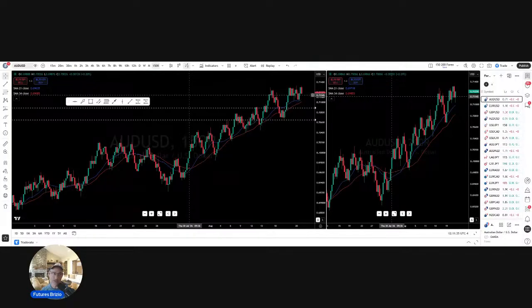I use the 150 on the left, and on the right is the 200. I just clicked over here and changed this to 200. It's not a big difference. The 150 gives a little more detail and can help me fine tune my entries, but I do look at both.